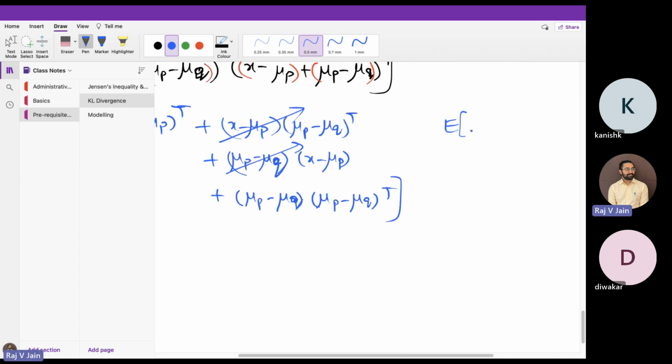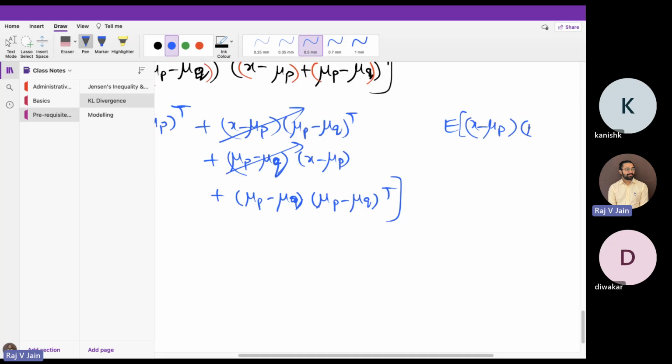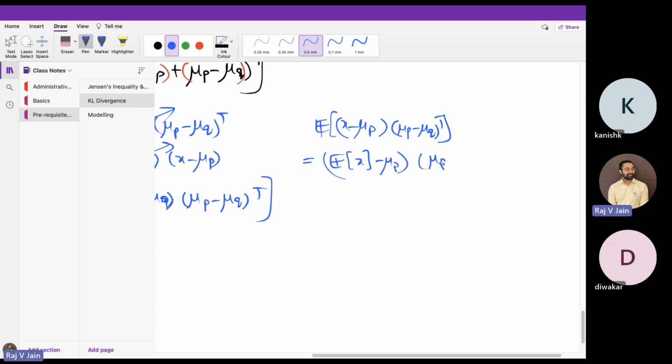So expectation of x minus mu P into mu P minus mu Q transpose can be written as expectation of x minus mu P into mu P minus mu Q transpose.